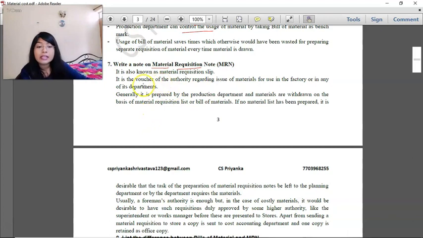So what it says, it is the voucher of the authority regarding issue of material for use in the factory or in any of the departments. Generally it is prepared by the production department, and materials are withdrawn on the basis of the material requisition list, or simply the bill of material can be used as a material requisition note. Okay.